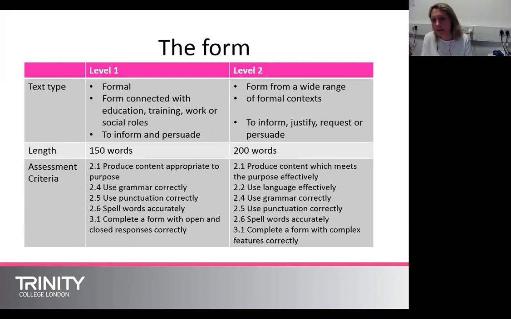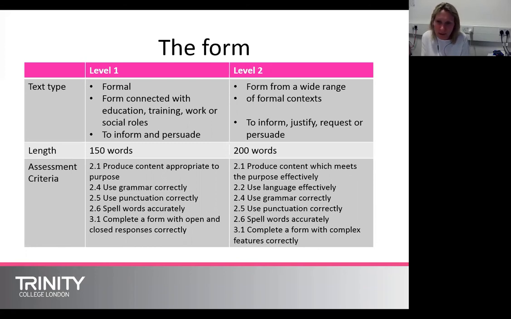2.5 is use punctuation correctly. Now, this is where, again, candidates have to be reminded to use a range of punctuation.